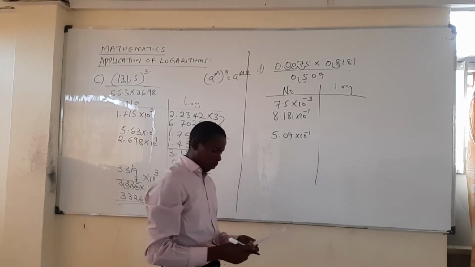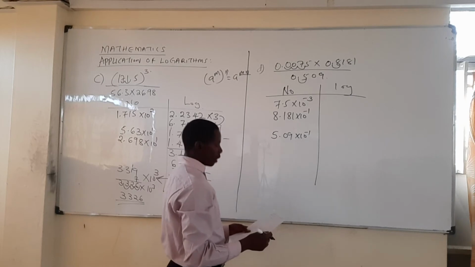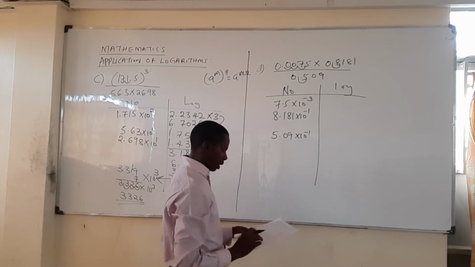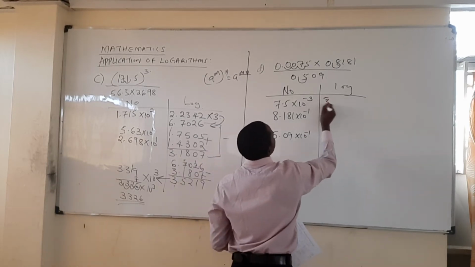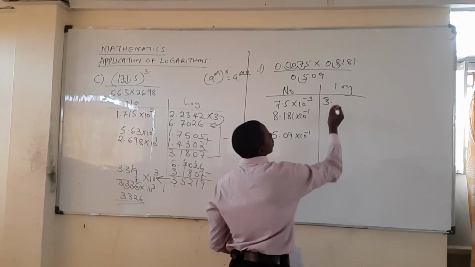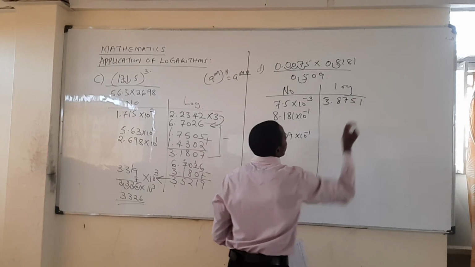We get the log of those numbers. So the log of 7.5 should be 0.8751. So this is going to be bar 3.8751.